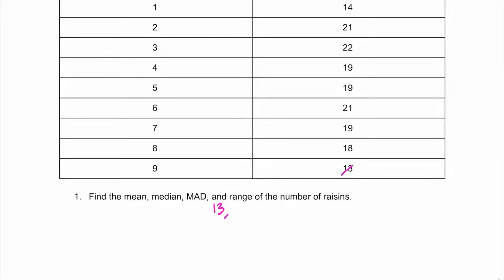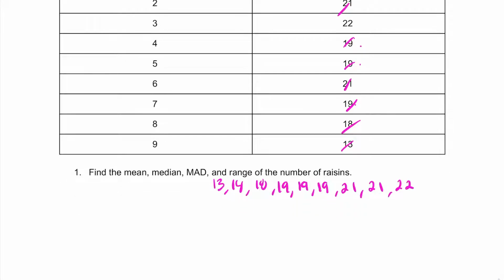So I have a 13, then a 14, an 18, 19, 19, 19, and then two 21s, and then a 22. Okay, there we go.